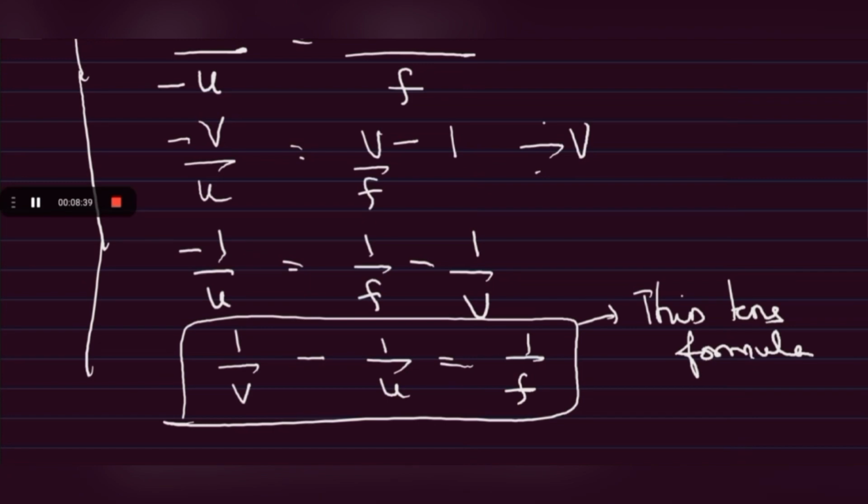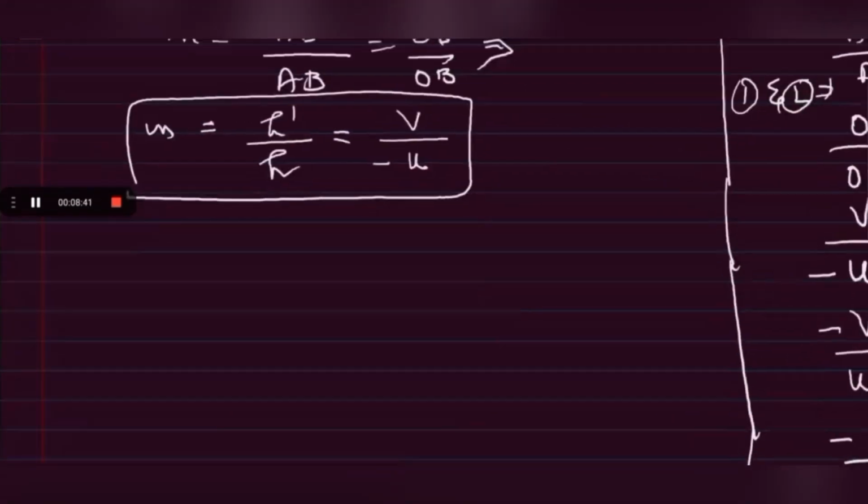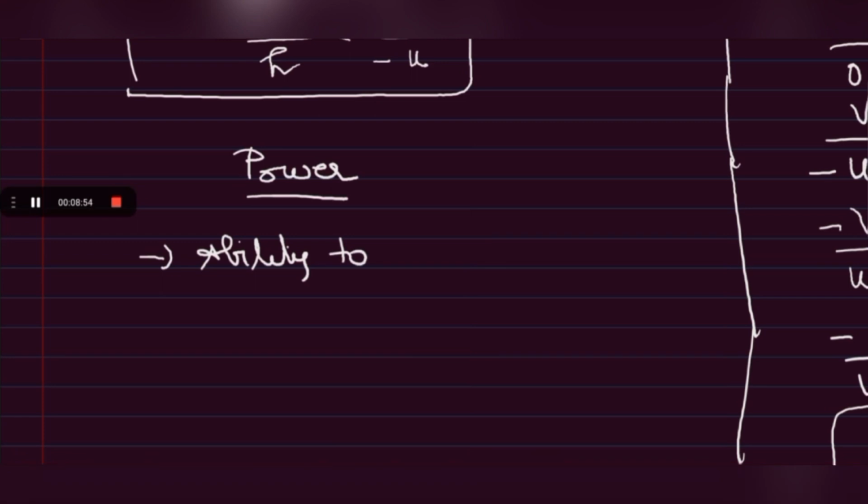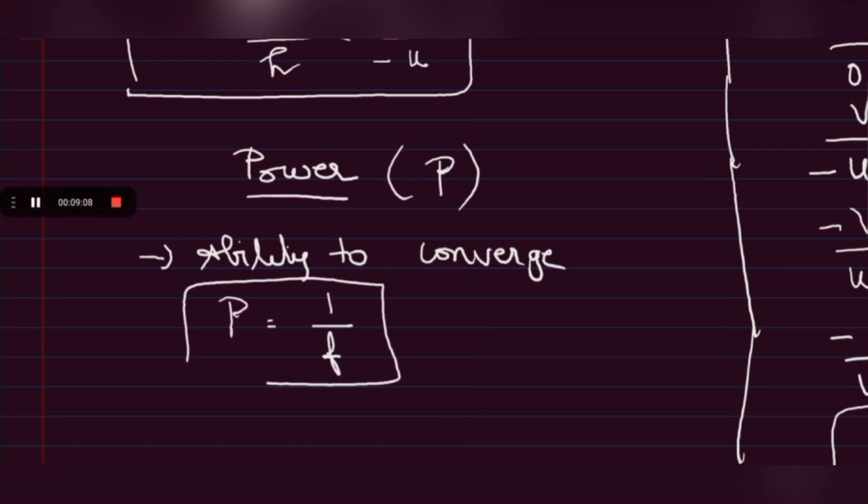Now we have obtained the magnification and the thin lens formula. The last thing that we need to discuss is the power. The ability of the lens to converge is called the power of the lens, indicated by the letter P. P is the reciprocal of the focal length.